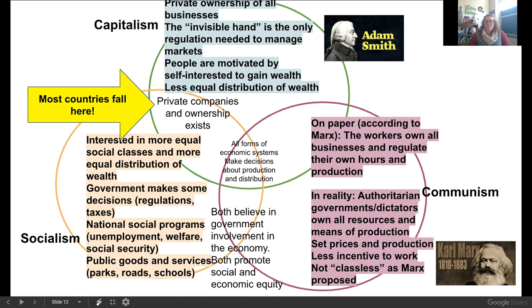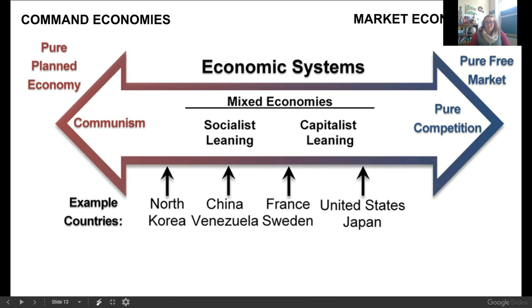So most countries fall somewhere in between capitalism and socialism. There's private ownership and public ownership that does exist. We in the United States are that same way too. So we aren't necessarily a purely free market. We are not true capitalists.